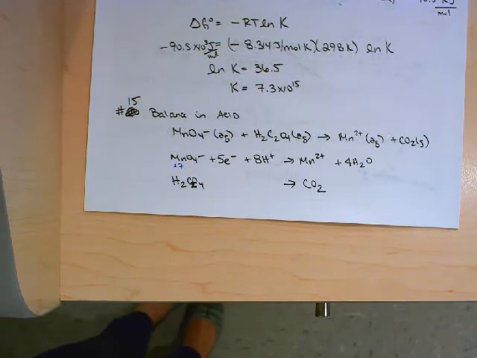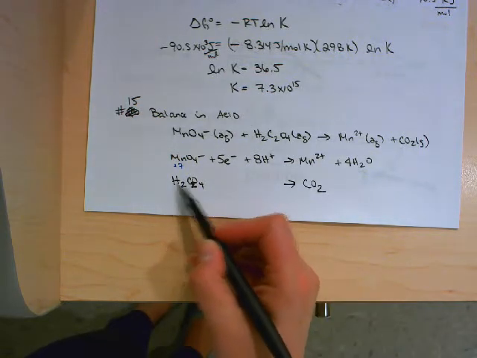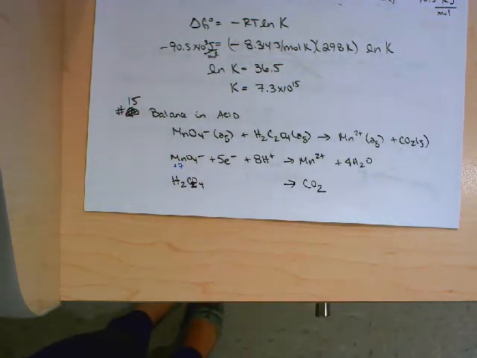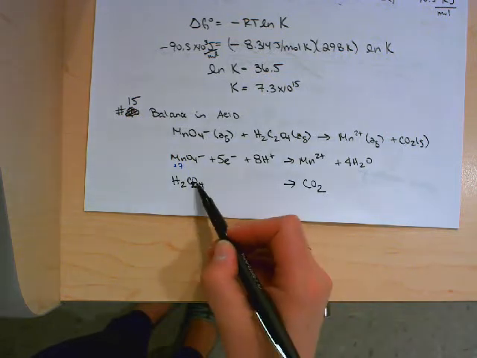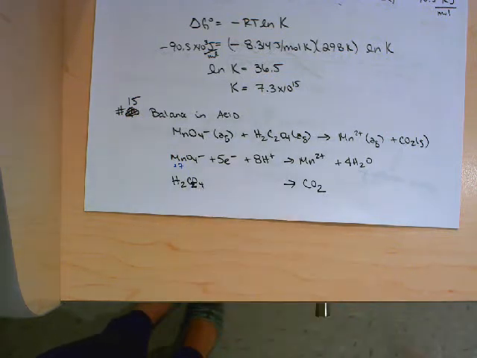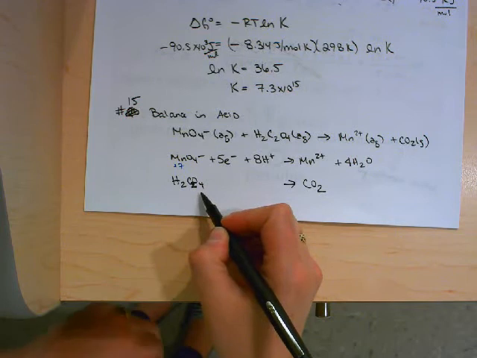Alright, so now let's take a look at the carbons. Of the H, the C, and the O, what's the only thing that's probably going to change oxidation state? The C, right? The C is going to change, because what do we know about oxygens all the time? They're always -2, and I have 4 of them.